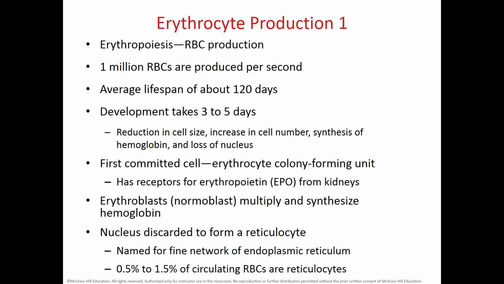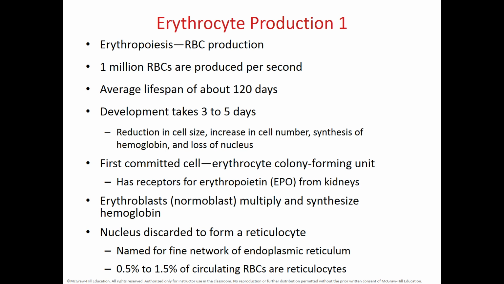As this erythroblast is maturing, it will form more and more hemoglobin, and then it will discard the nucleus, and you will have these reticulocytes, or immature red blood cells, that are going to be released into the circulation.